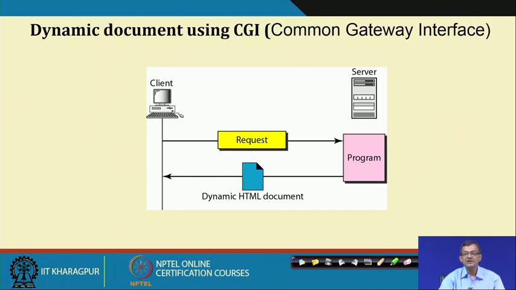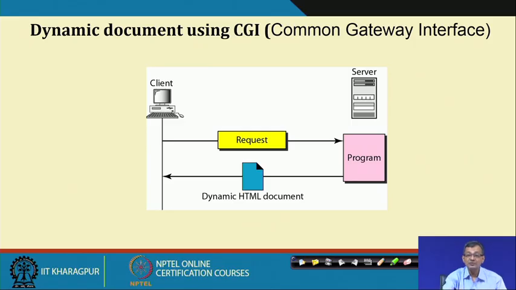In a static page, say I request something and I get a static page with the list of students' roll numbers versus names. In case of a dynamic page, I send a request with a student roll number and get the data related to that student roll number back as an HTML document. If the student roll number changes, this document also changes. So, that is the dynamicity.